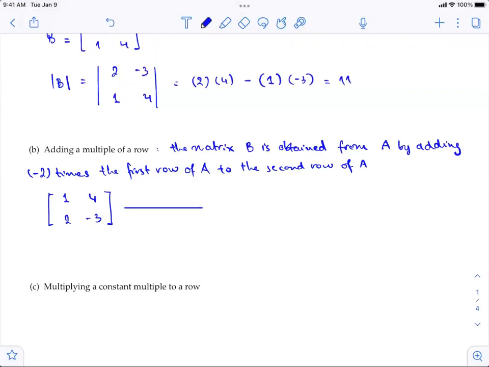Now, what we do to get B is that you're going to multiply the first row by -2 and then add with the second row.